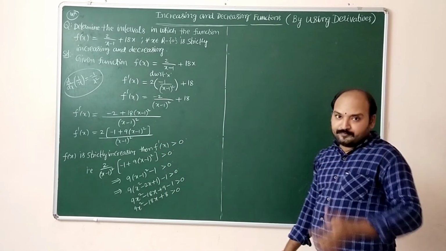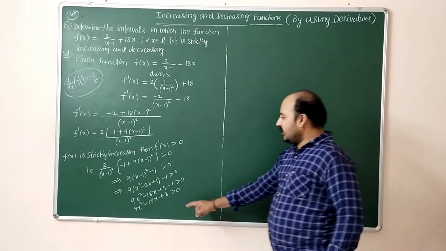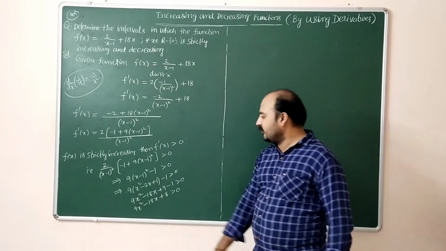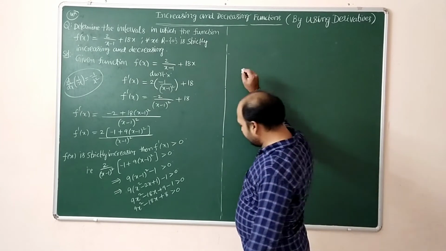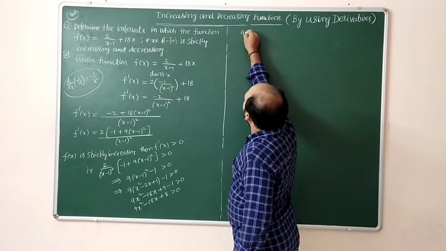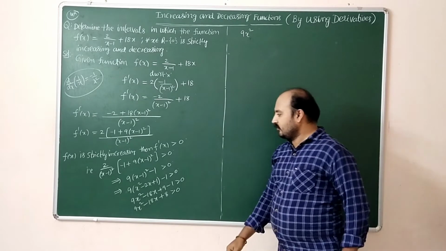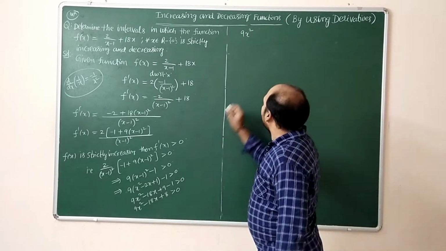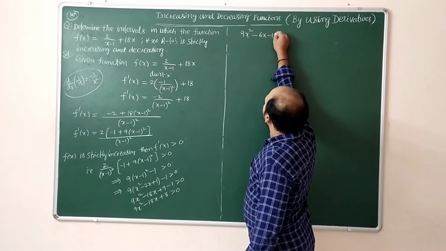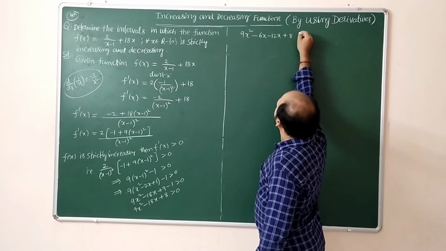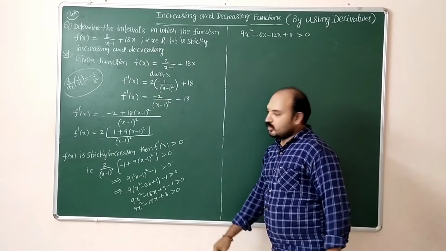So here 72 will be there now. So how to write 18x? So 9x square, 18 can be written as 12 and 6: minus 6x minus 12x plus 8 is greater than 0.